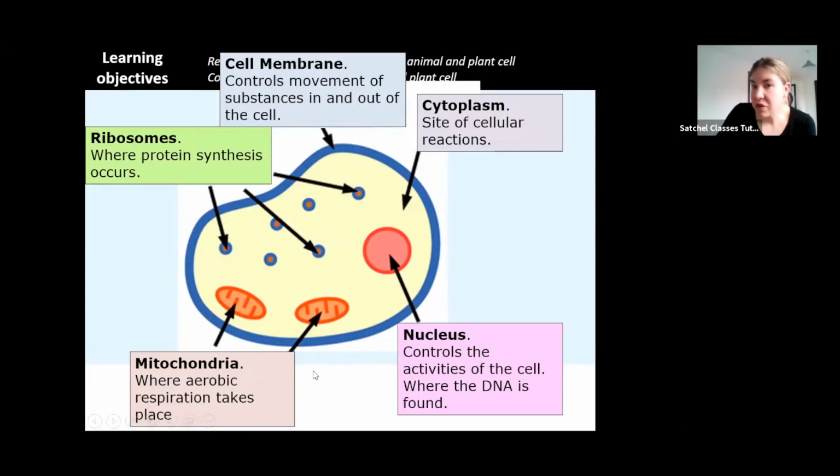It might have a nucleus, it might have cytoplasm, it might have some extra things as well. So I'd like you to pause this video and please draw a plant cell and do the same as you've done with this: if you can, give the functions of any of the organelles, i.e. what they do, please also write that. Okay, pause the video now and have a go.